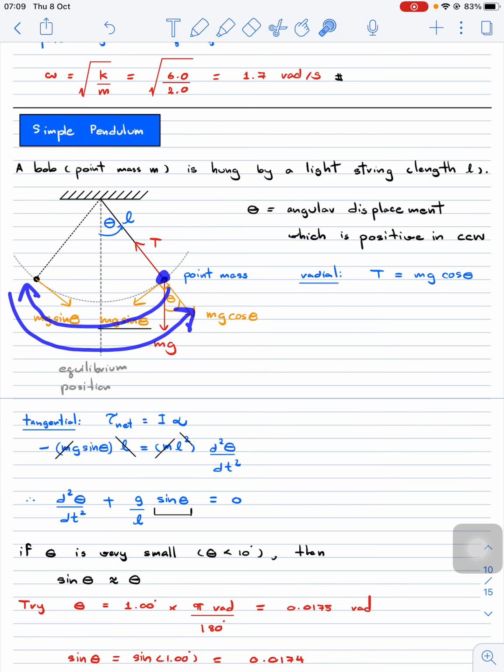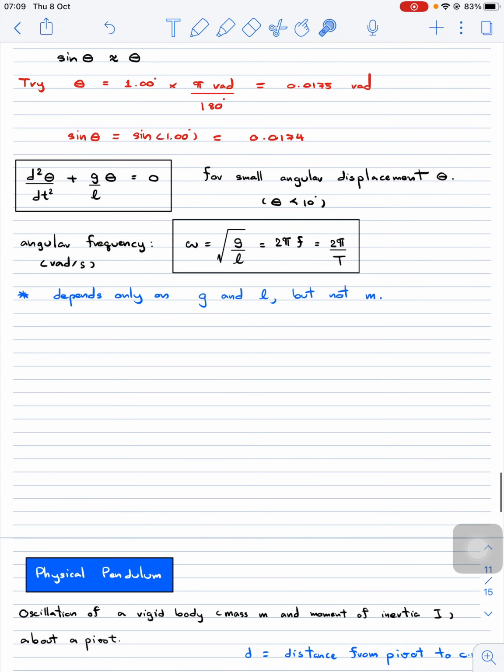That's called the period T. You can see that the period T is proportional to the square root of the length, so the longer the string, the higher the period T, and it is inversely proportional to the gravity of the planet.